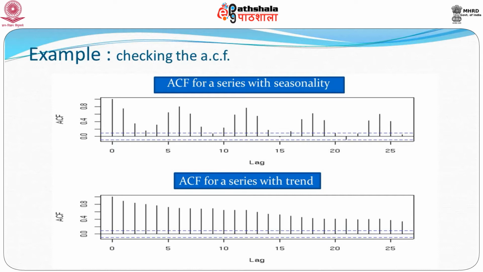So, these two pictures tell us that if you have non-stationarity either in the mean or in the seasonality or in the trend, you can look at the ACF functions and find out whether the process is stationary or not.